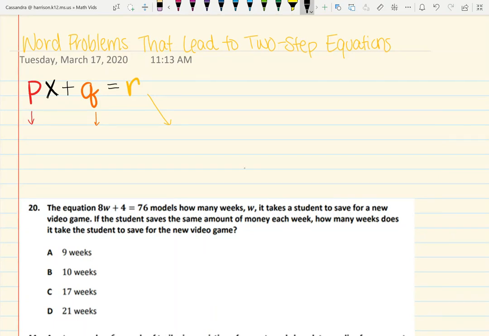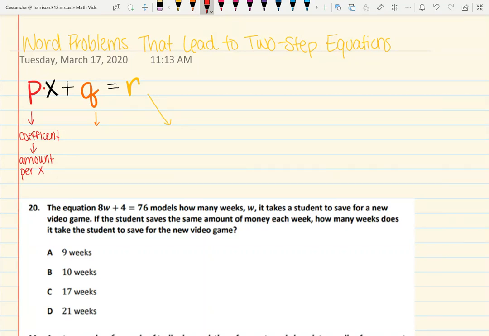Now, the number being multiplied by your variable, in this case, P, which in math we call a coefficient. In the real world, that coefficient is going to represent an amount per x. So if x is the number of hours that your mother works, P would be how much money she makes per hour.